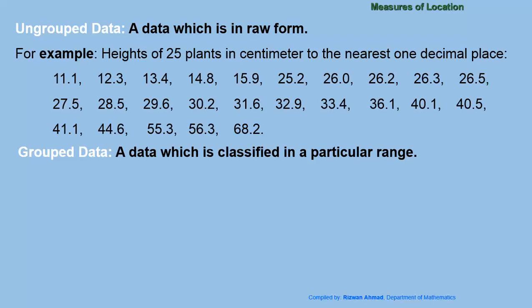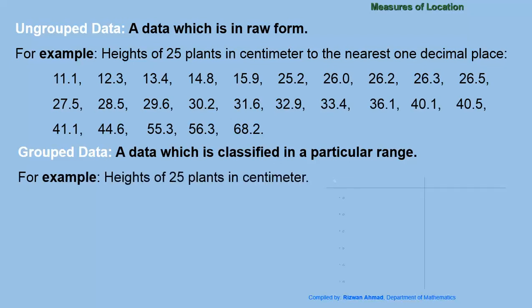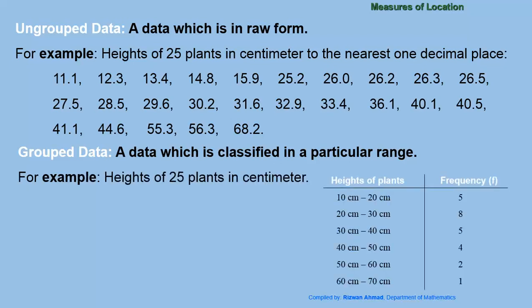And if we make this data in groups, then it is grouped data. If we take the ranges of these 25 plants in centimeters, the first group is from 10 to 20, the second group is from 20 to 30 centimeters, and so on.